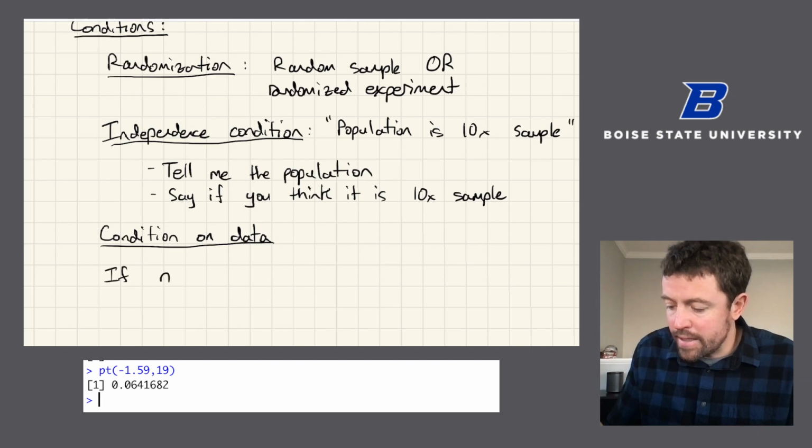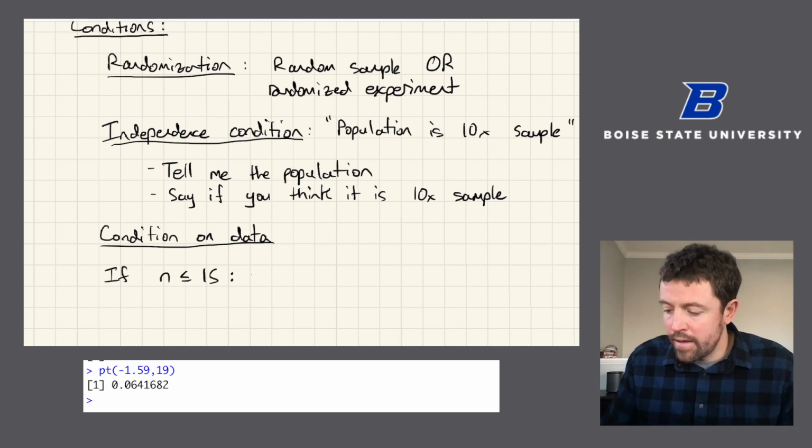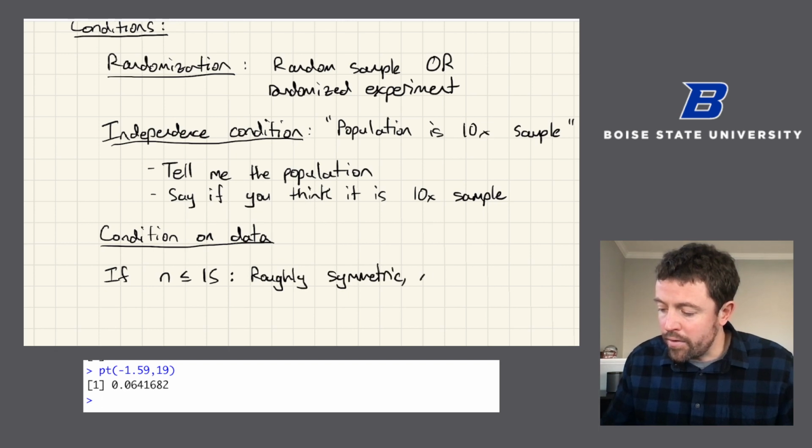So if our sample size is less than or equal to 15, we need our distribution to be roughly symmetric with no outliers.